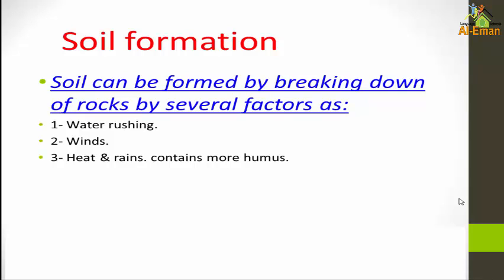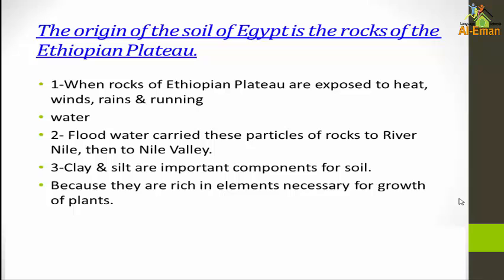Soil can be formed by the breaking down of rocks by several factors. Okay, how could this breaking down happen? By water running, wind, heat, and changes in temperature, and these parts contain more humus.